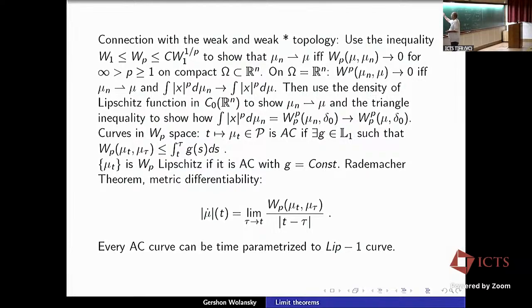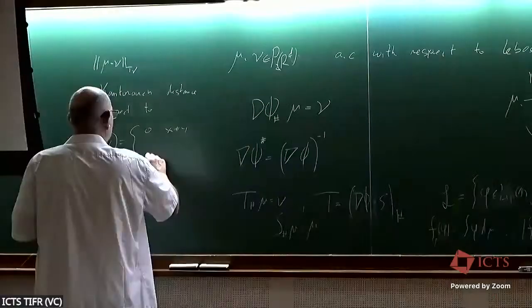It is not Wasserstein, but call it Kantorovich distance with respect to the discrete metric, which is the distance between x and y equal to 1 if x is not equal to y, and 0 if x equals y.